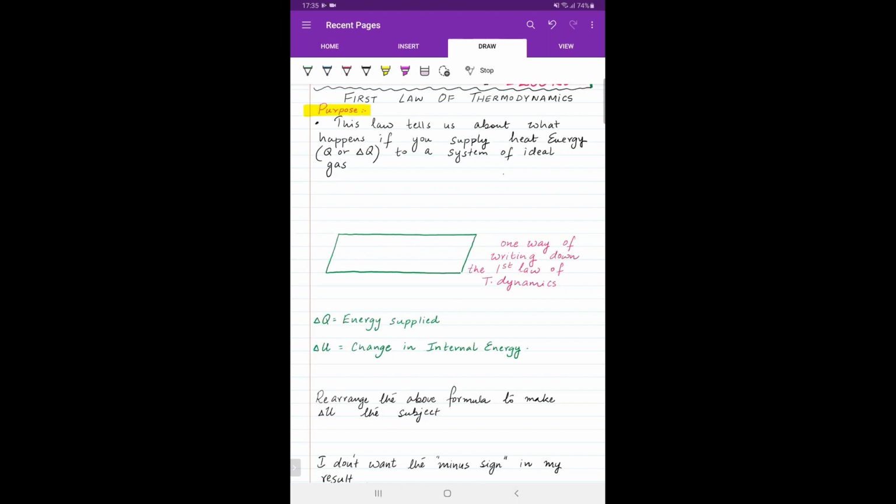So this law tells us about what happens if you supply heat energy.